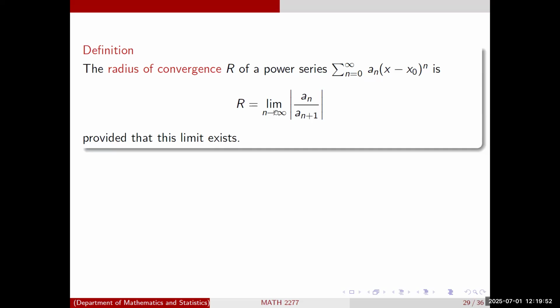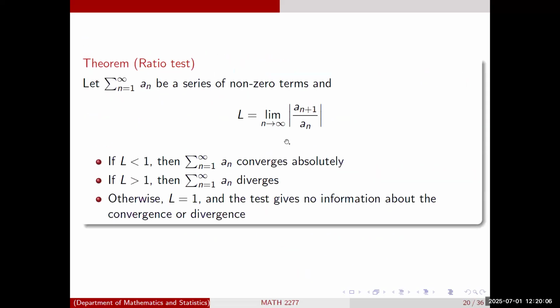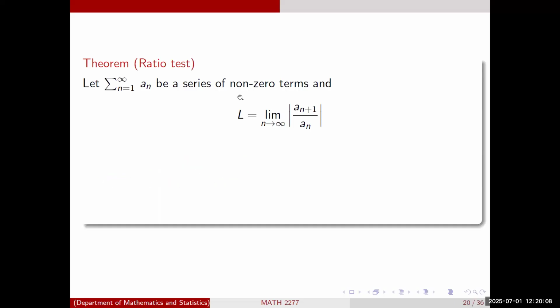Now, try not to mix this up with the L from the ratio test. Let me go back to the ratio test. You see this L? The L in the ratio test is a_(n+1) over a_n.